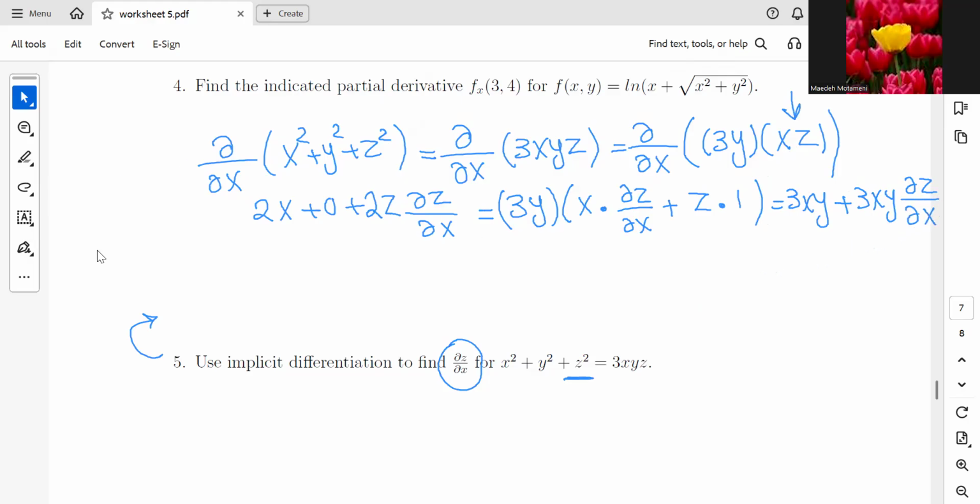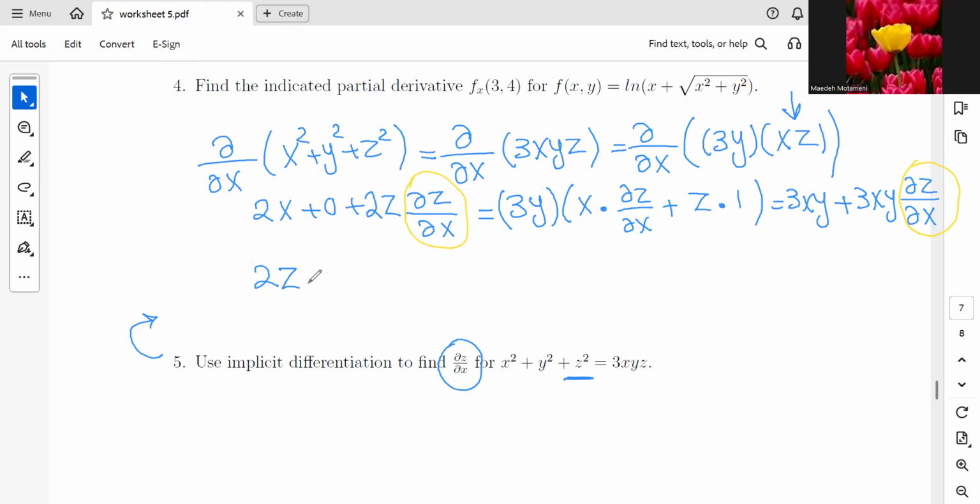Now, we're going to solve this for derivative of z with respect to x. So finding both of them means that you would move them to one side, either the right side or the left side. I would say that I'm going to move them to the left side.